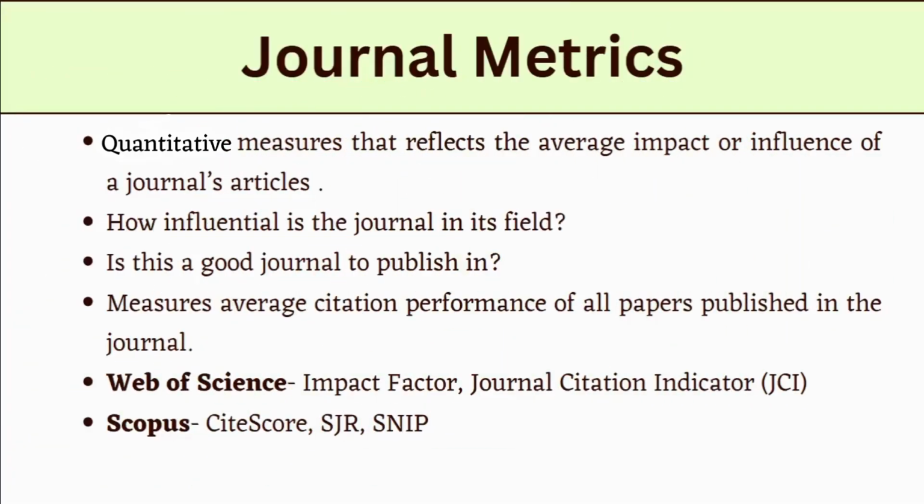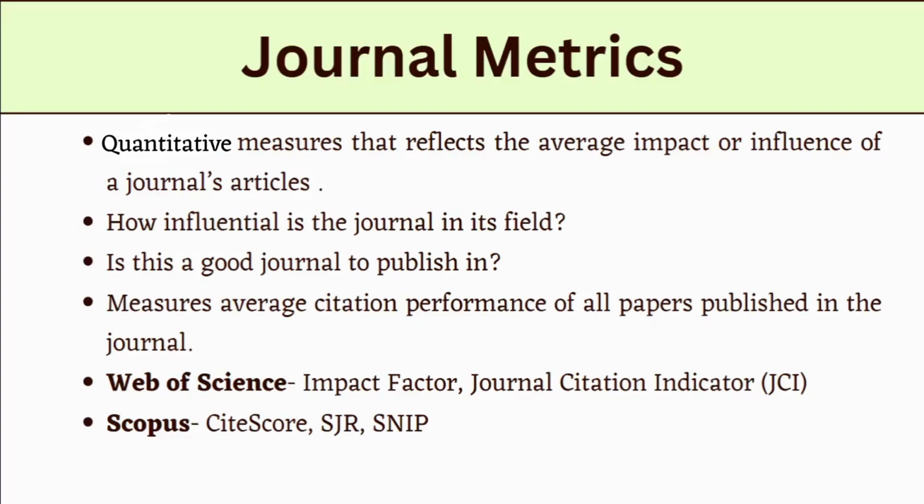Let us first understand what are journal metrics. Journal metrics are quantitative measures that reflect the average impact or influence of a journal's articles. They are used to answer questions like, how influential is this journal in its field? Or, is this a good journal to publish in?